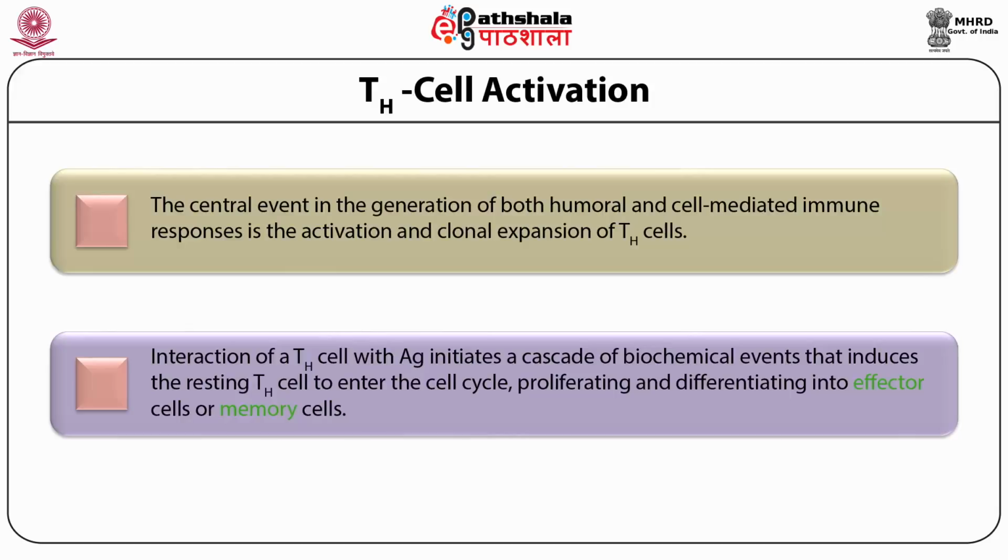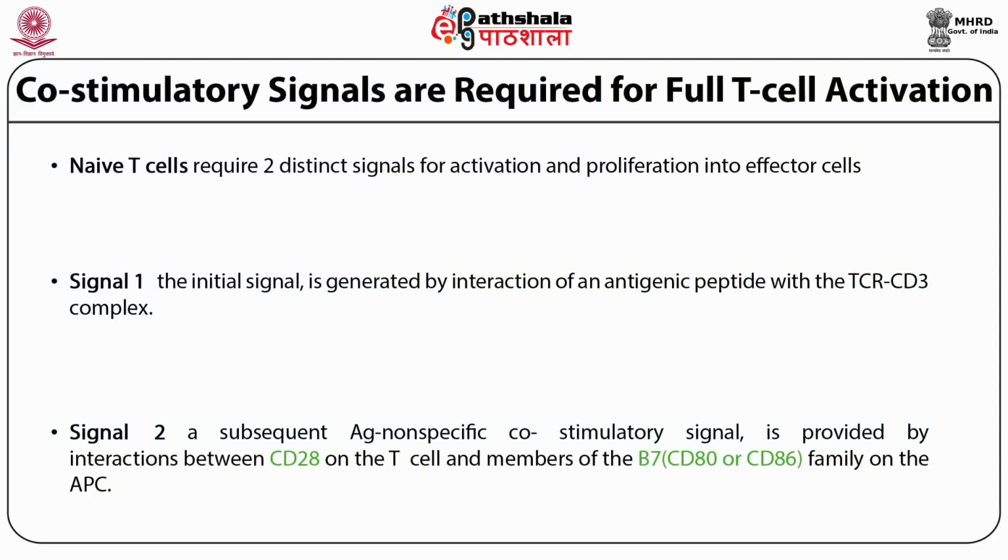I already told you, for a T cell to undergo proliferation, the T cell has to get two important signals: the peptide MHC molecule, which binds with the T cell receptor, and at the same time the T cell should also contain some co-stimulatory molecules, and these co-stimulatory molecules have to interact with the APC, which finally gives us a strong signal.